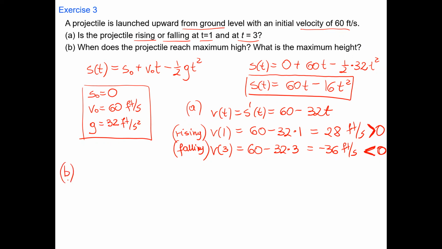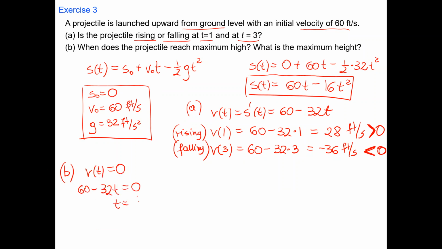When does the projectile reach maximum height? We know the condition, and I know that you're probably telling yourself that this is the condition when the velocity is 0. At that moment, the object is reaching the maximum height. Okay, where is the velocity? Velocity was 60 minus 32t. 60 minus 32t equals 0.